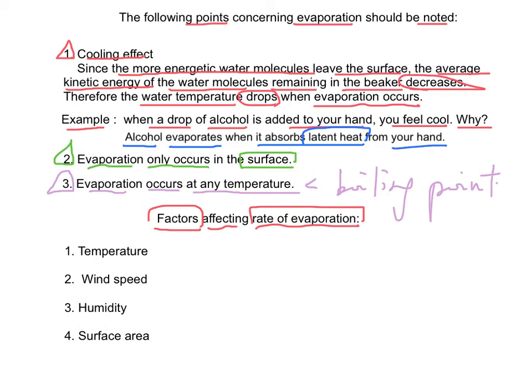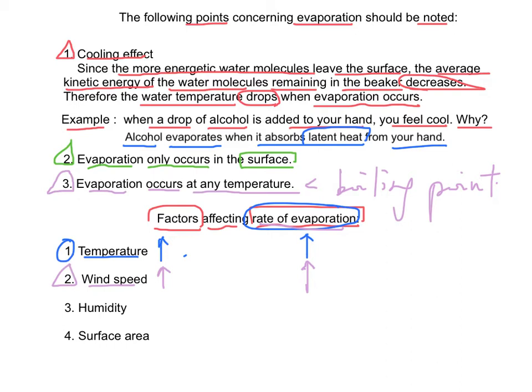The first factor is temperature. The higher the temperature, the rate of evaporation will increase. The second factor is wind speed. The higher the wind speed, the rate of evaporation increases.